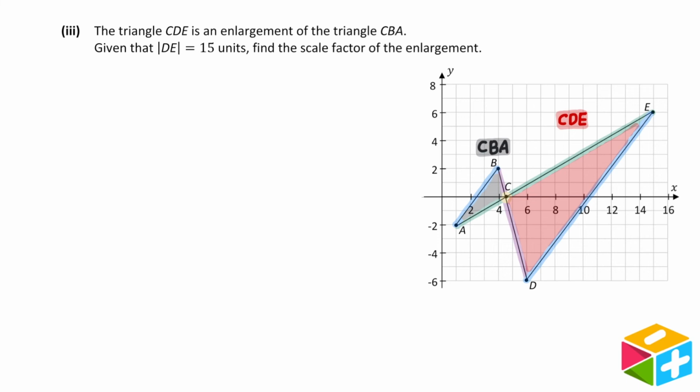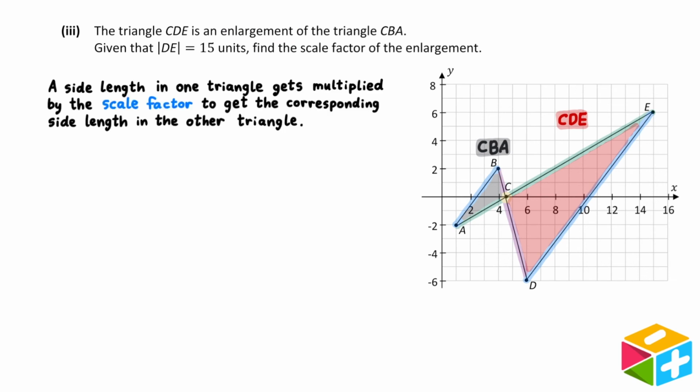The only difference is that CDE is a bigger version. This is what the question is talking about when it says that CDE is an enlargement of CBA. We're asked to find the scale factor of the enlargement. Specifically, if we look at the corresponding sides in these two triangles, how many times larger will the side be in CDE?